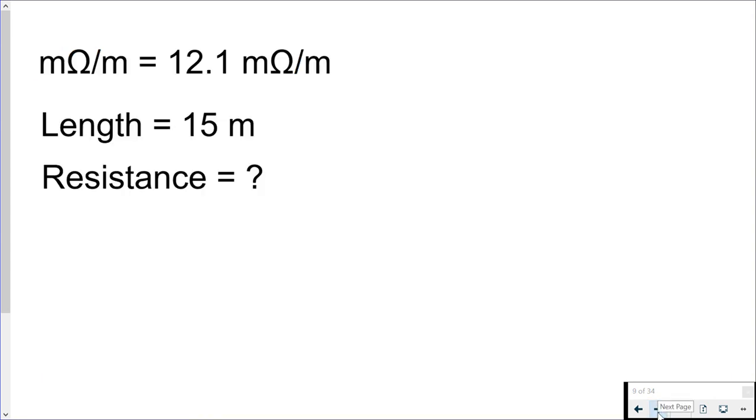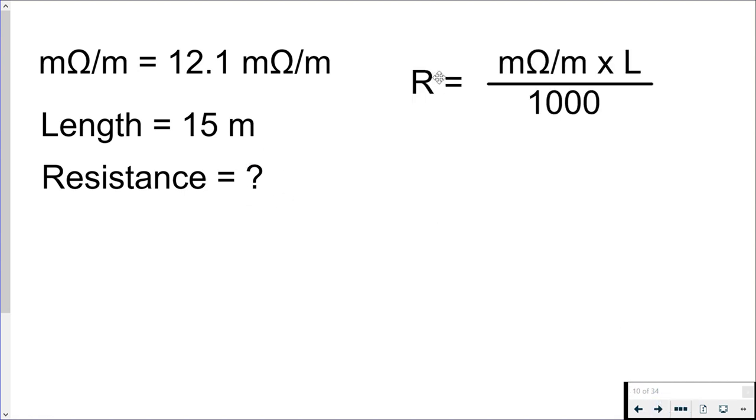We take that information, write it down along with the length from the question, and we're looking to work out what its expected resistance is. This is how we do it. We just take the milliohm per meter value and multiply it by the length. Because we're using milliohms, I'm going to divide it by 1,000.